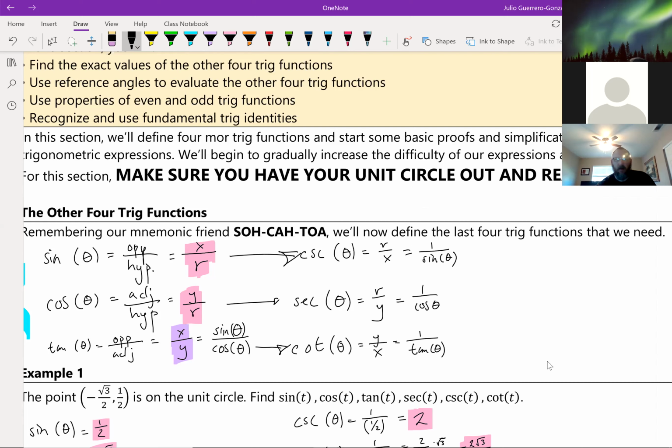Cosecant is 1 over sine, which is the flip of this thing right here. Secant is 1 over cosine, which is the flip of that thing right there. And then cotangent is 1 over tangent, which is the flip of that one right there. So we practiced with 1.